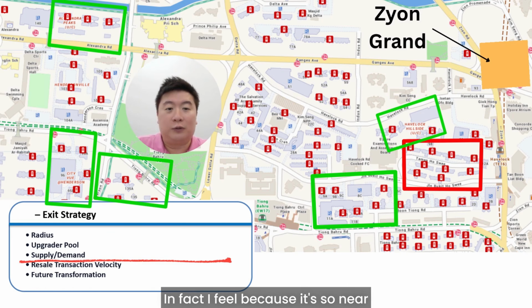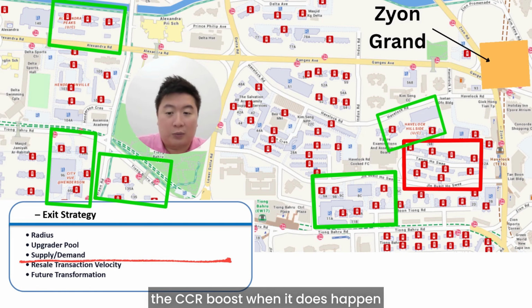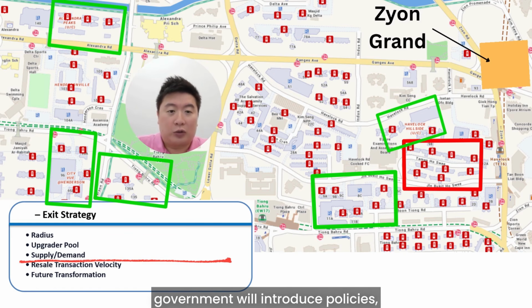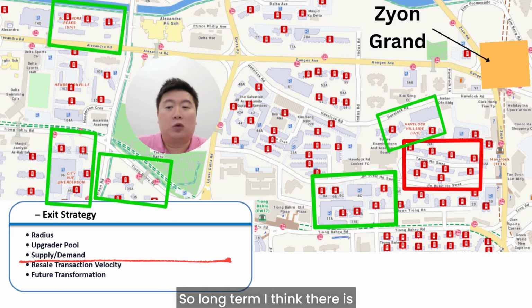In fact, I feel because it's so near to CCR, it will benefit from the CCR boost when it does happen, because the CCR, RCR and OCR gap is really very, very close now. I think eventually the government will introduce policies, and once the property prices are a bit more controlled, they will introduce policies to make the CCR price go up again. So long term, I think there is potential there.